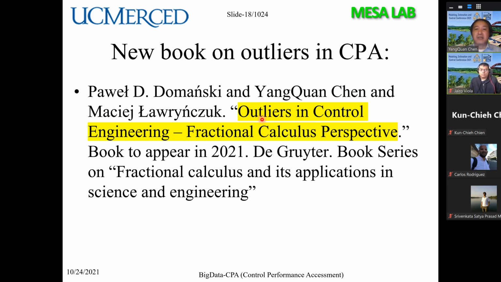If you cut them, you only have a partial truth, right? How to quantify and leverage the knowledge about outliers in control engineering from a fractional calculus perspective? I feel very passionate about this topic. I think it's the very first, so it deserves your attention.